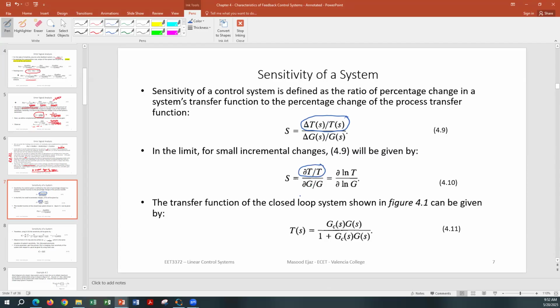And it shows partial derivative instead of regular derivative, because the transfer function is a function of many variables. It's not just one, divided by the rate of change of the process transfer function with respect to the transfer function.